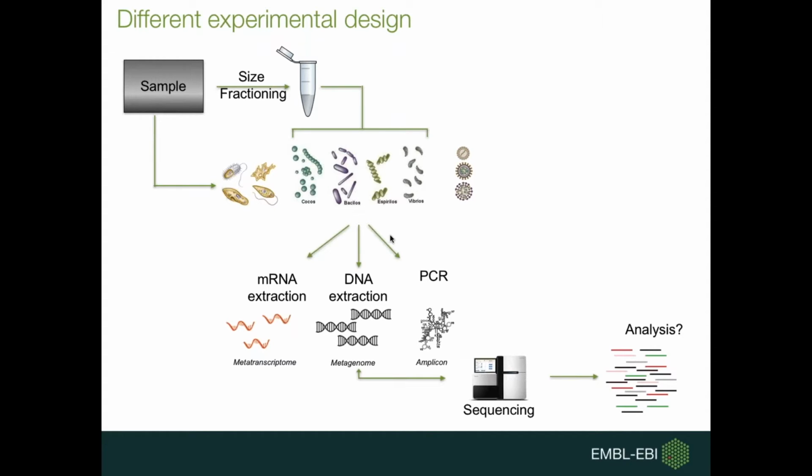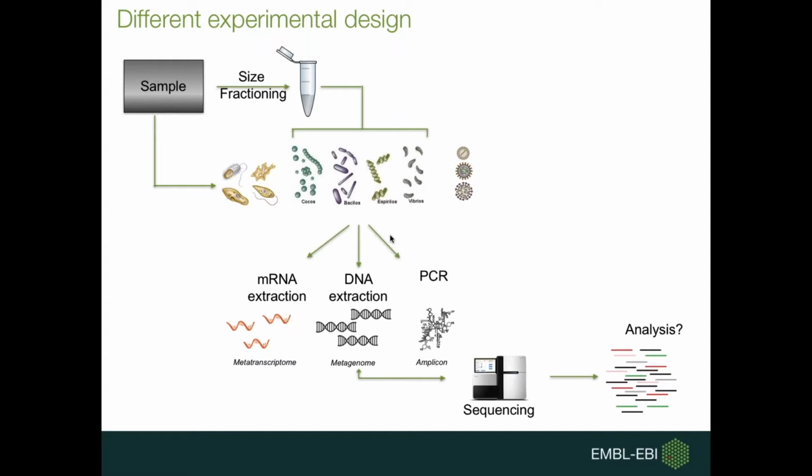Some people are targeting particular genes, such as 16S rRNA to work out what bacteria and archaea are in their sample. That's not officially metagenomics, but it gets lumped under the umbrella term. Other people are doing more traditional metagenomics, so whole genome shotgun sequencing, or they're pulling out the mRNAs, they're doing metatranscriptomics. So there's a really broad range of things people are doing with the data.